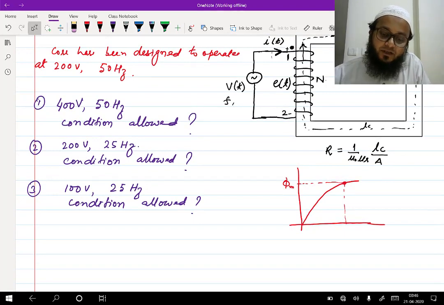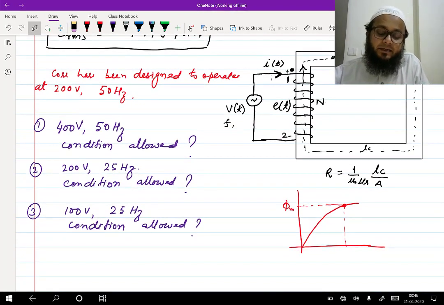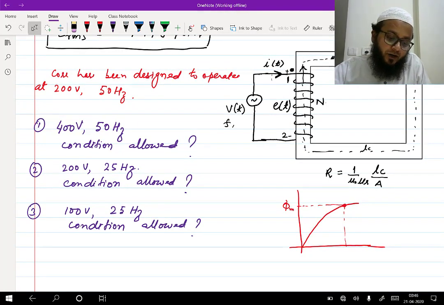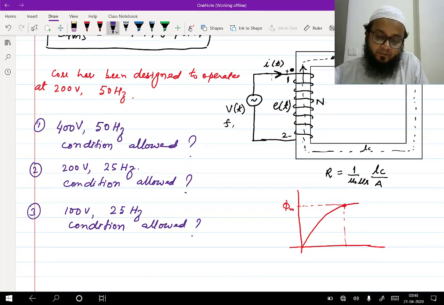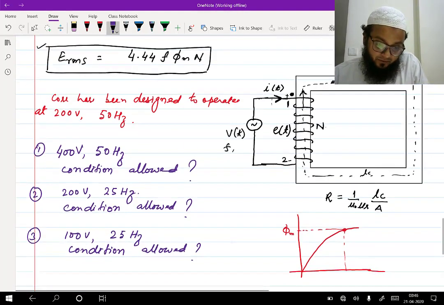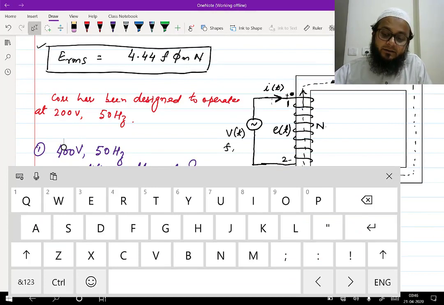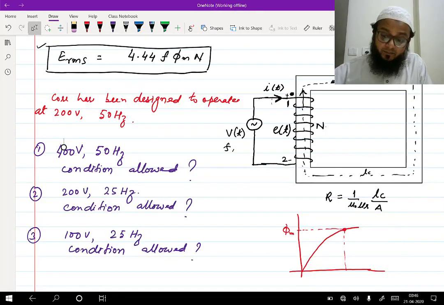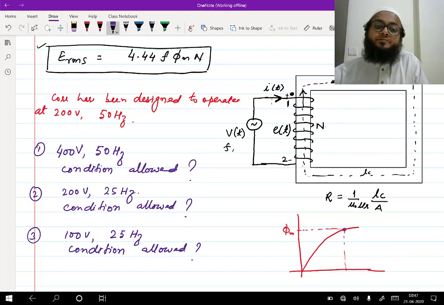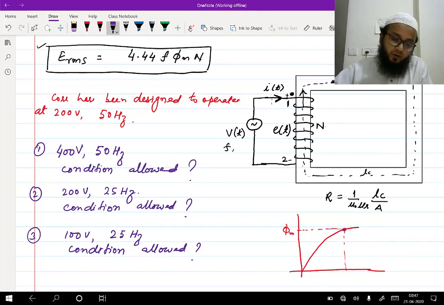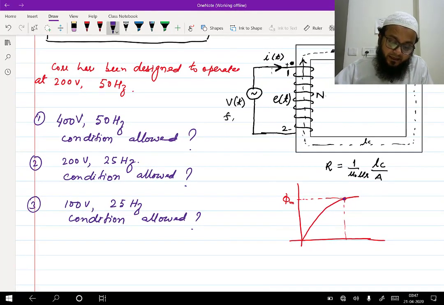This core, this volume, everything, has been designed to operate at a particular voltage, 200 volt and 50 hertz. When I say it has been designed to operate at 200 volt and 50 hertz, that means it has been designed to operate at its knee point. So what would be phi m?